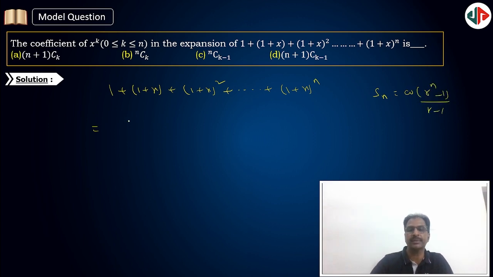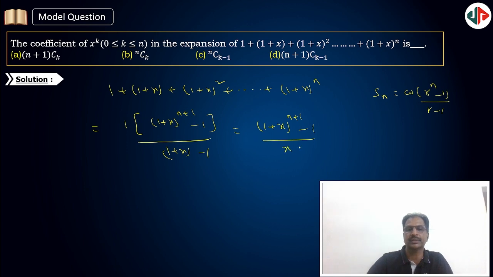But here there are n plus 1 terms. a is the first term which is 1. Common ratio r is 1 plus x. n is n plus 1, minus 1, by r minus 1, which means 1 plus x minus 1. So what you get finally? (1 plus x) whole power n plus 1, minus 1, by x. Now what is the required coefficient? Coefficient of x power k in this entire term. Already in the denominator we have x.